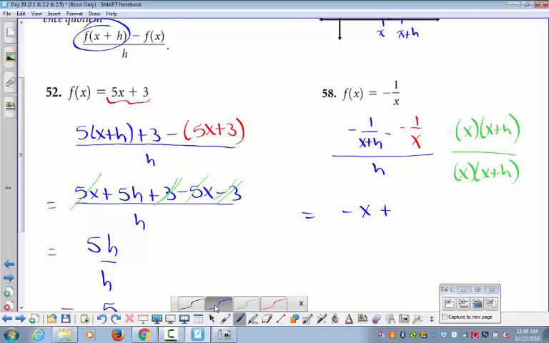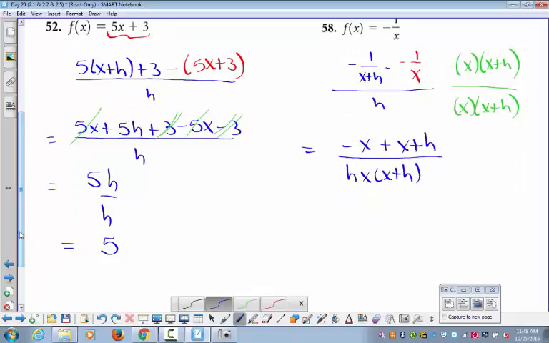1 over x times x plus h. Now the x's are canceling, and we're left with an x plus h. And then in the denominator, we have h times x plus h. And that reduces to h over x times x plus h.